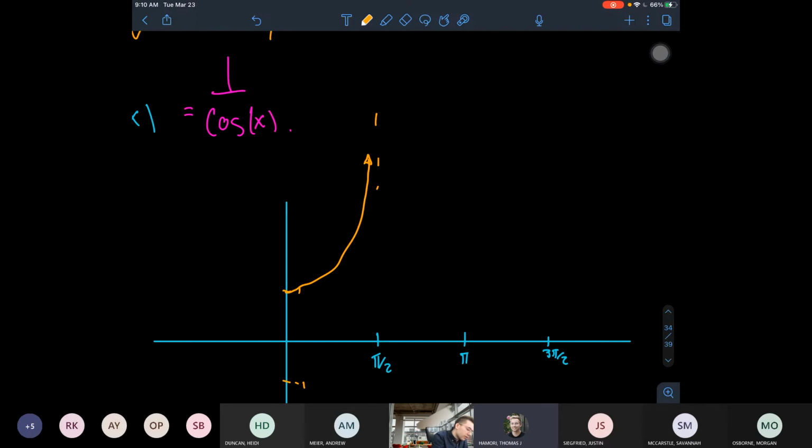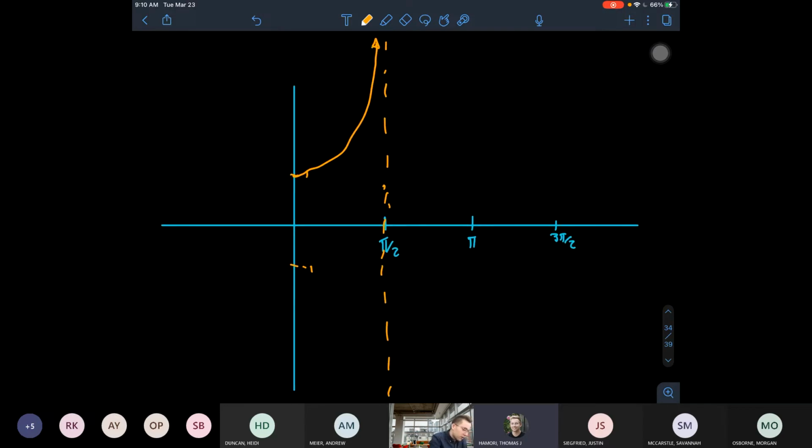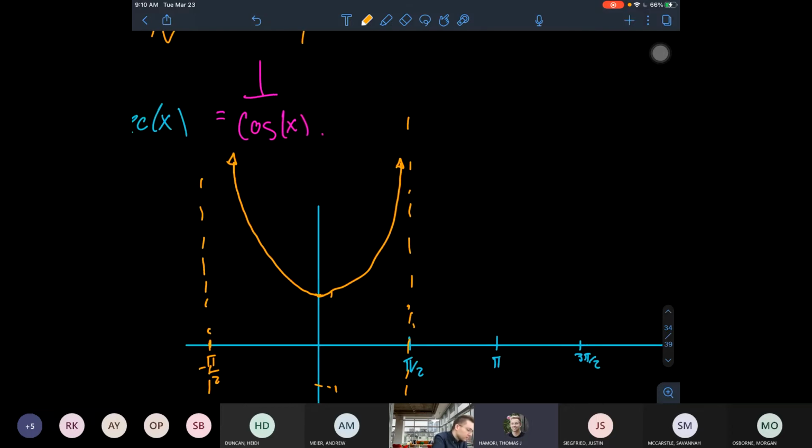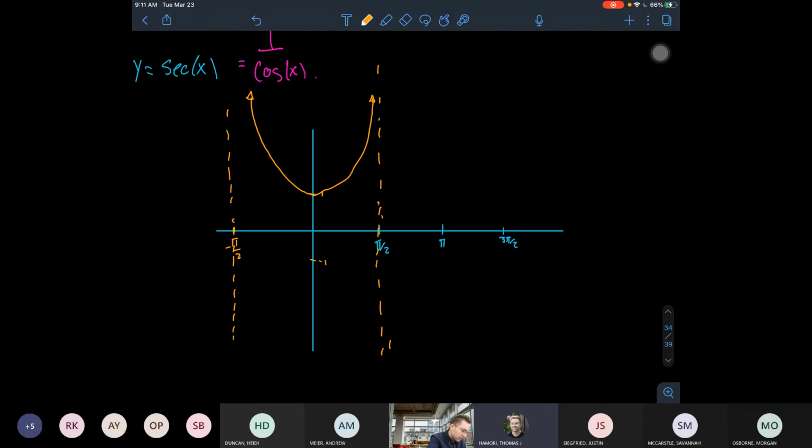And it's got an asymptote every pi units, but they're offset from the ones which we had for 1 over sine by pi over 2 units. Then again, down here, we're going to look like this, and so on and so forth.